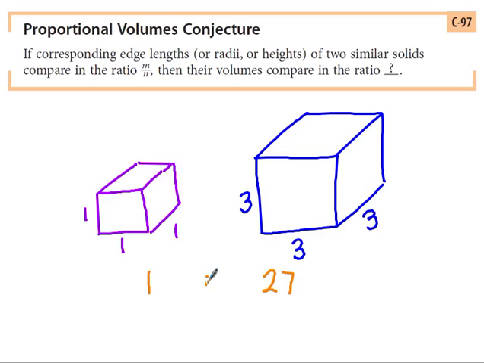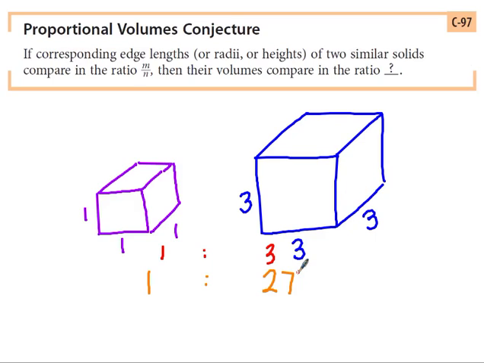Let's think real quick, what would their sides be? What are all the sides in the first cube? 1. What are all the sides in the second cube? 3. Now what they want you to do in this conjecture is compare those two results.